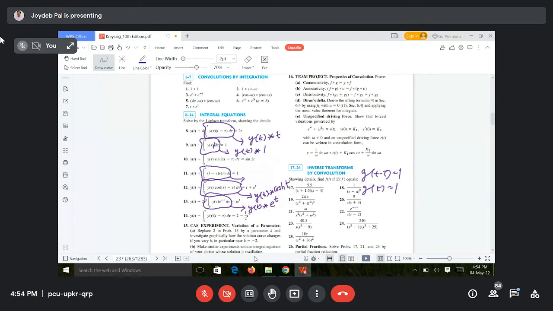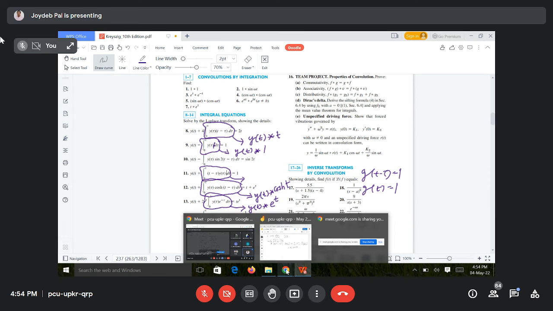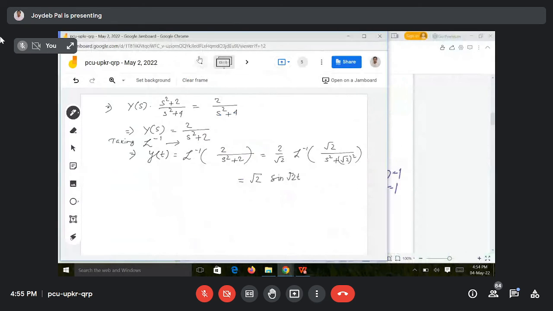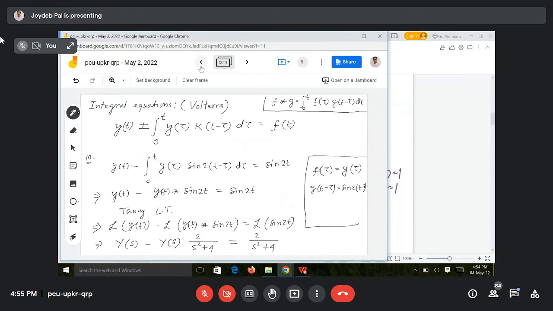G of t minus tau will be e to the power t minus tau, so g of t will be e to the power t. All of you note this, write it down, it will make solving problems easier. And the last one, 14, is similar to 11 or 8, right? So the process is understood, how to solve it? Yes sir. One problem is enough to explain the process.